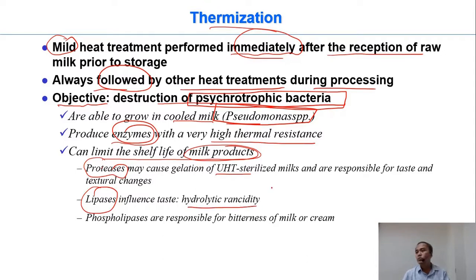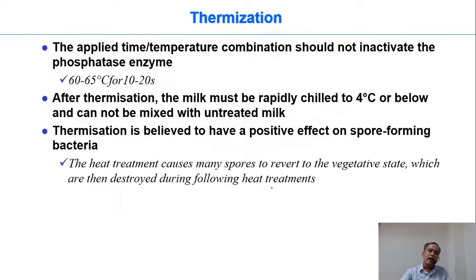There are two types of rancidity: hydrolytic and oxidative rancidity. And the enzymes will cause hydrolytic rancidity of fat and oil. And what we need to remember as well are the conditions of thermization. The temperature 60 to 65 for 10 to 20 seconds.